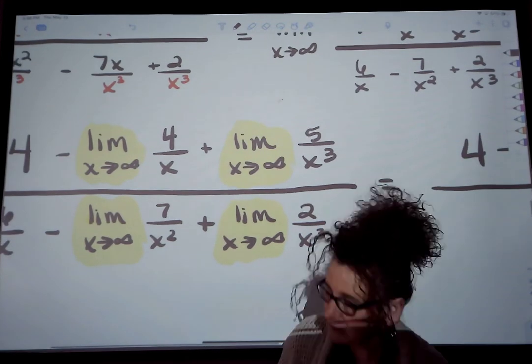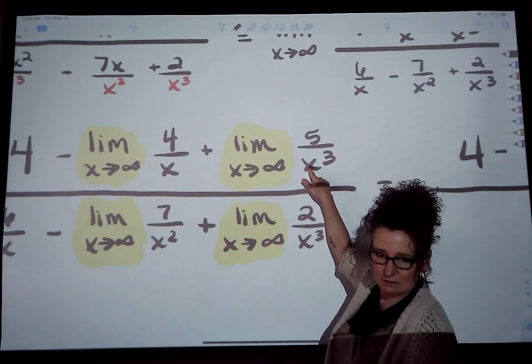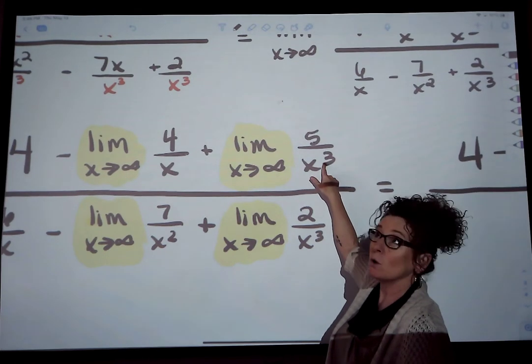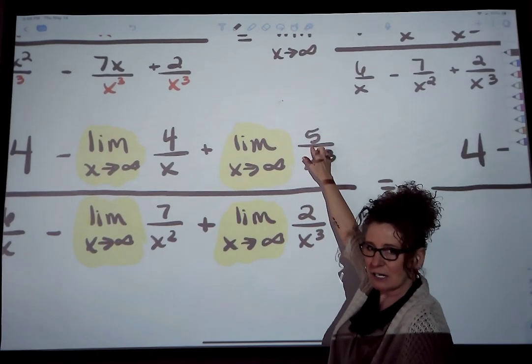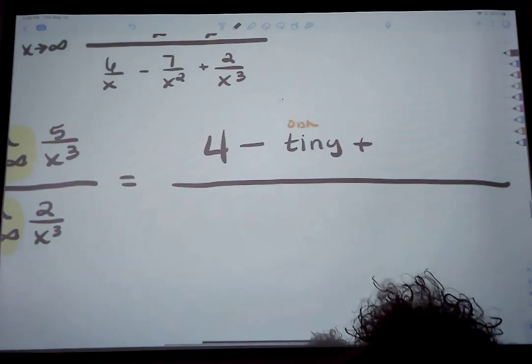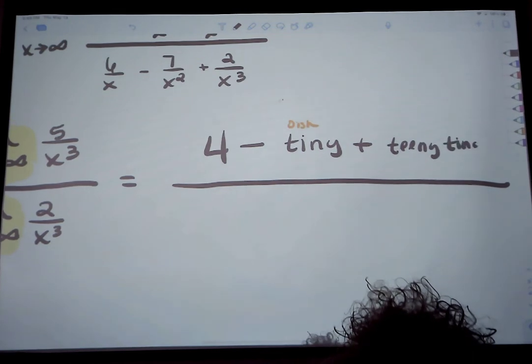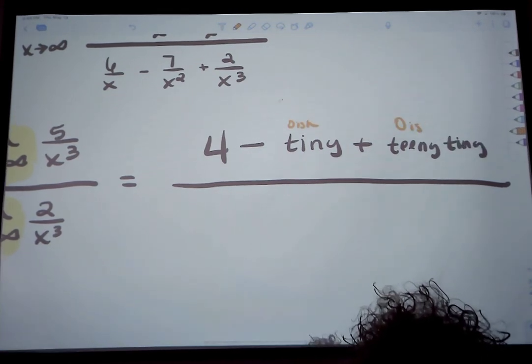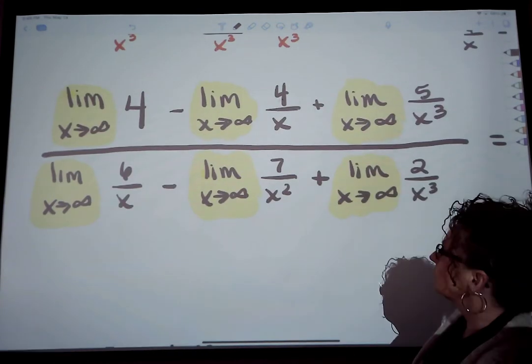Plus. Next piece, ready? The limit here. Plug in infinity. Cube it. Hold on, this denominator is ginormous. 5 divided by ginormous is teeny tiny. Or how about 0-ish? Okay? Next one.